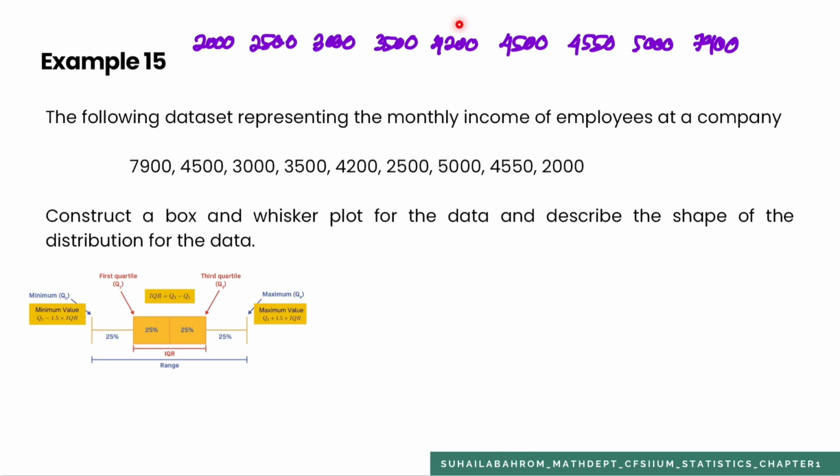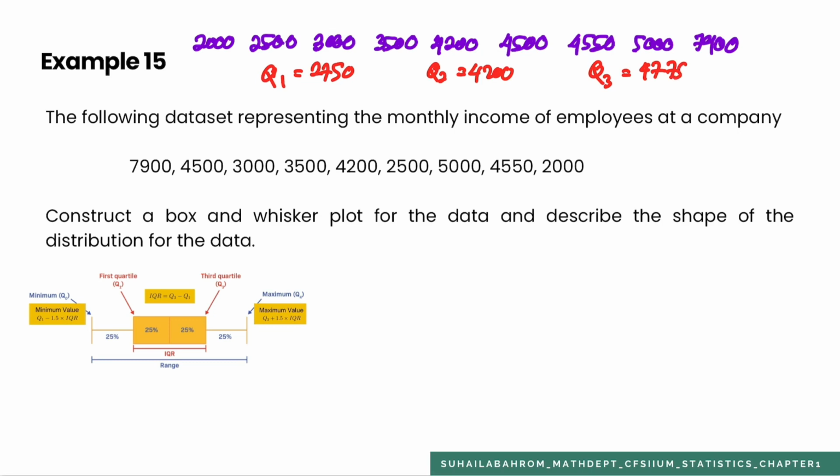After you arrange your data in ascending order, we already have the first, second, and third quartile, because in order to sketch the box and whiskers, you need all these values. So from here, Q1 is equivalent to 2750, Q2 is equivalent to 4200, and Q3 is equivalent to 4775.